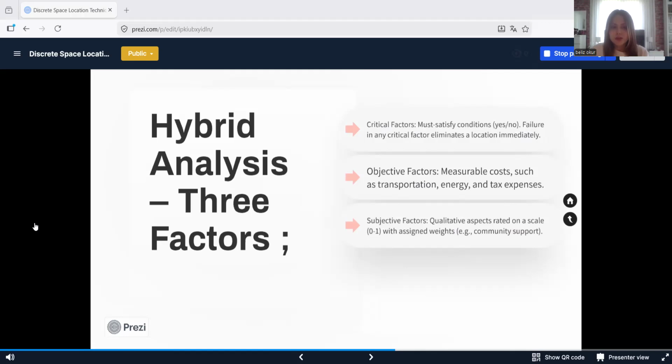Second, objective factors. These are the hard measurable costs we just calculated, like transportation, energy, and taxes. Third one is the subjective factors. These are the qualitative aspects, like community support or expansion potential, which we rate on a scale and assign weights to.